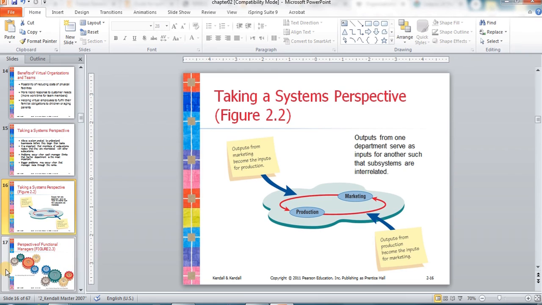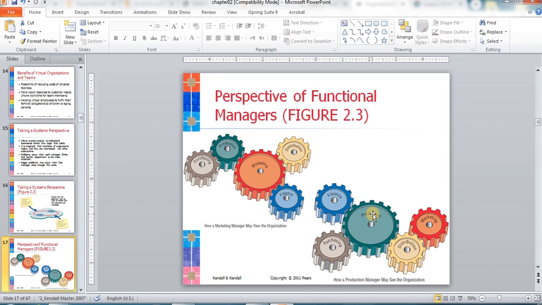With respect to the production manager, his department is the most important department in the company, because it produces the goods or the products, and without this production process, then there is no company. On the other hand, with respect to the marketing manager, his department is the most important department in the company, because if there is no one to sell the products, then the company will not be able to do anything, and the company will not work.